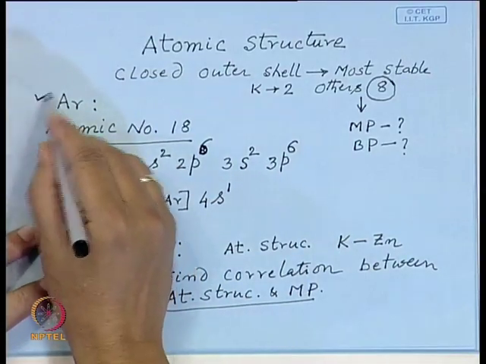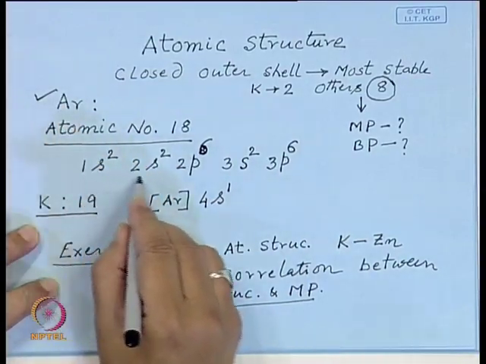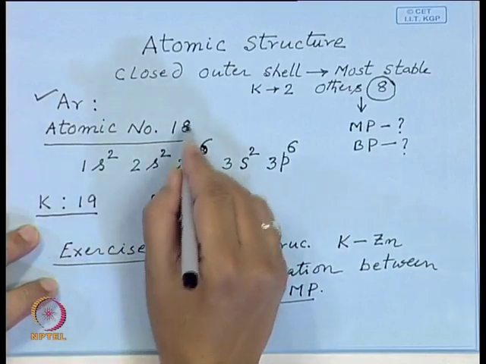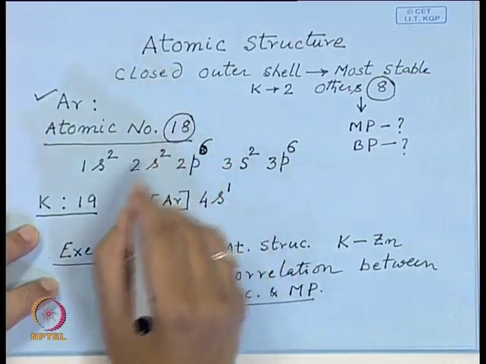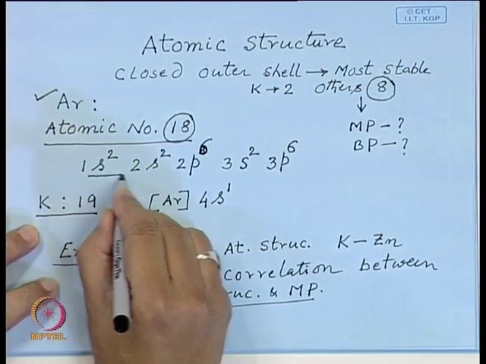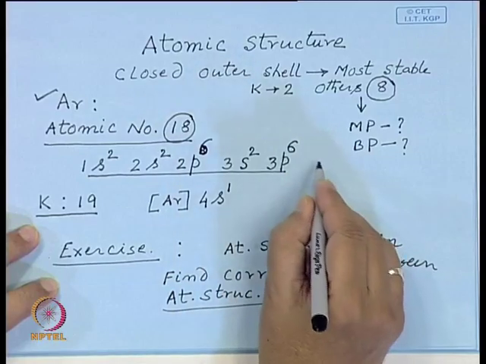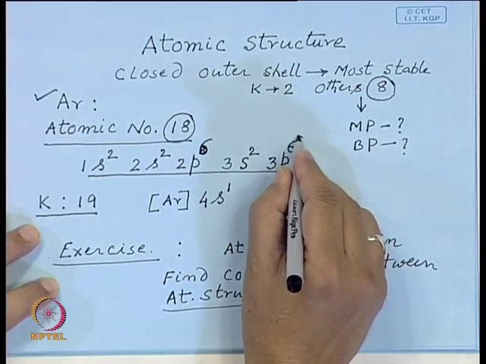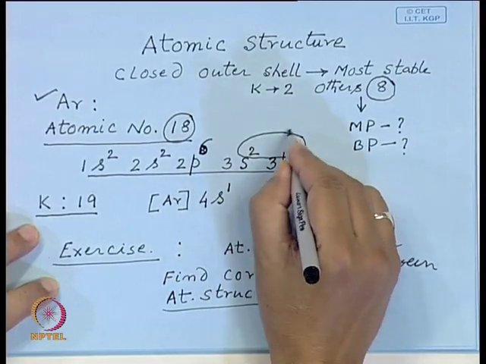This is in case of argon. Say suppose it has an atomic number 18, and its electronic structure can be written like this, and this is the outer orbit. You add these, this is 8.